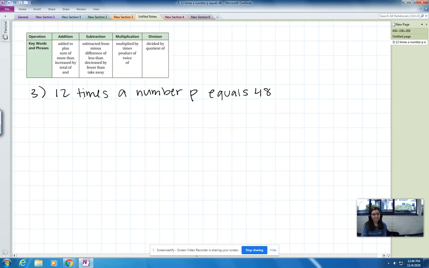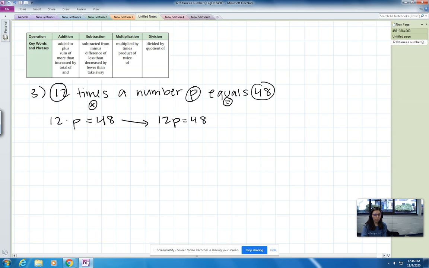It says 12 times, and the word times, if we go up into our chart, we see that means multiplication. So it means I am multiplying together 12 and the variable p, 12 times p. Then I come over here and it actually uses the word equals. So it tells us we're going to have an equal sign, equals 48. So 12 times p equals 48. It actually would probably be better for us to write this as 12p equals 48.